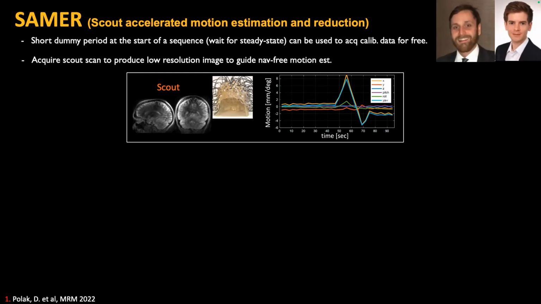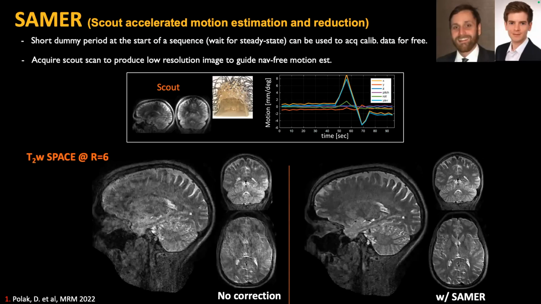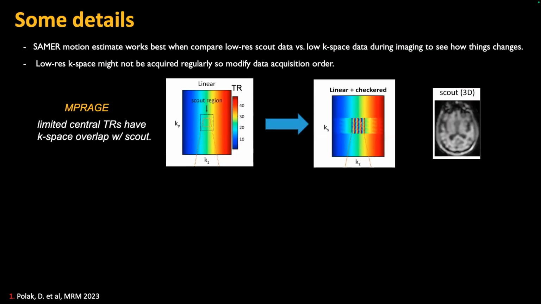Utilizing that scout, along with the k-space data acquired during the acquisition, you can estimate motion much better. Even with acceleration of 6, you can still recover quite a bit of information in the image. Let's go into the weeds a little bit.